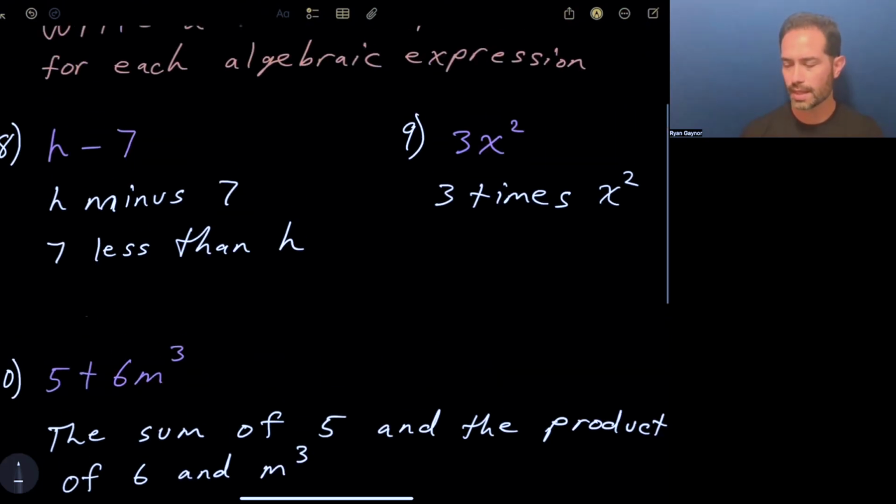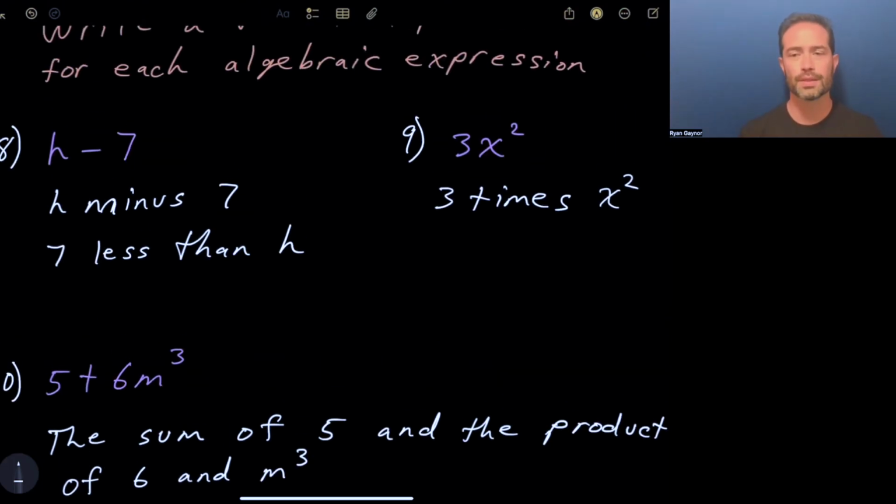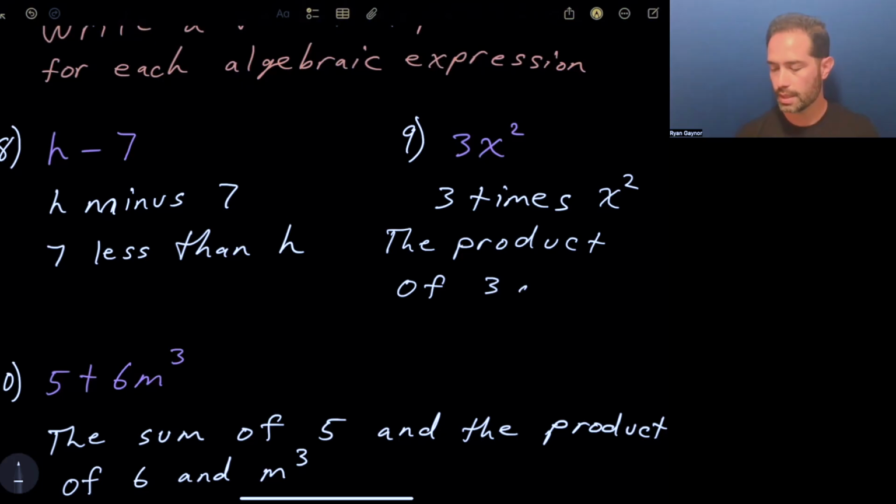Let's go back up to number 9 for just a moment, and we can write this one other way, which is using that word product. So product means the answer to a multiplication problem. So the product of 3 and x squared.